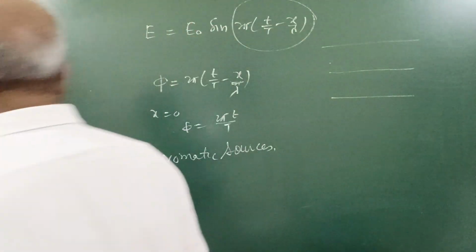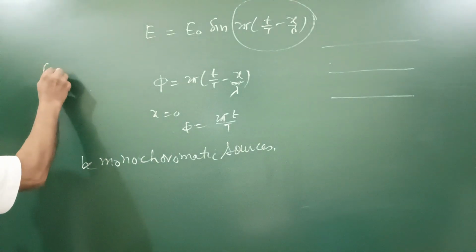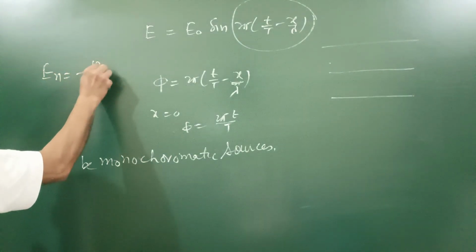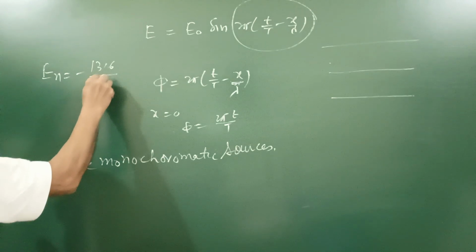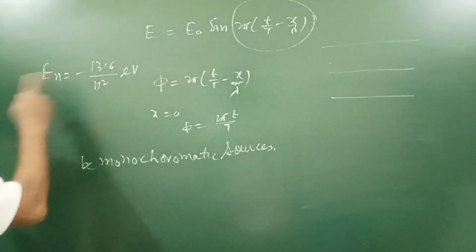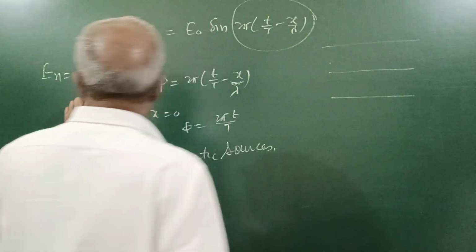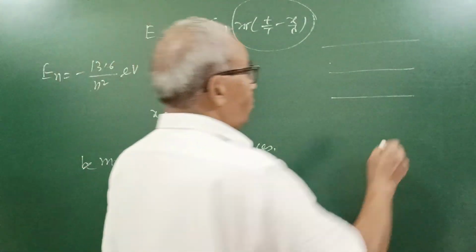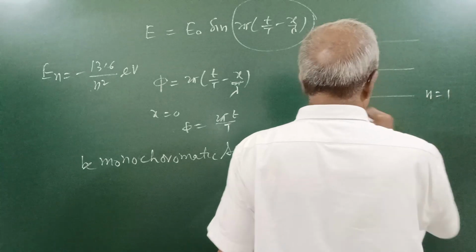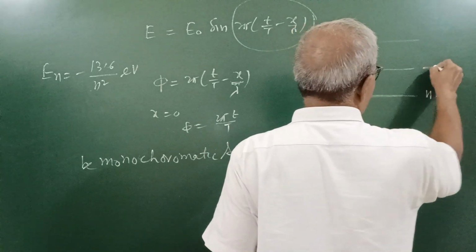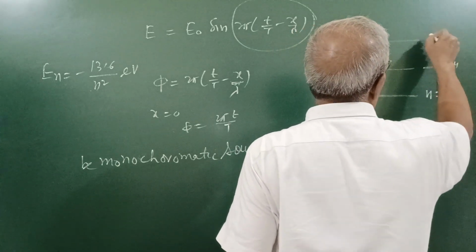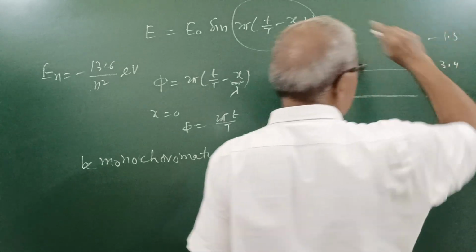Like in the hydrogen atom, the energy of the electron in any orbit is −13.6/n² electron volt for hydrogen. If we put n equal to 1, it is the first energy level. So it is −13.6, then −3.4, then −1.5 and so on, in electron volts.